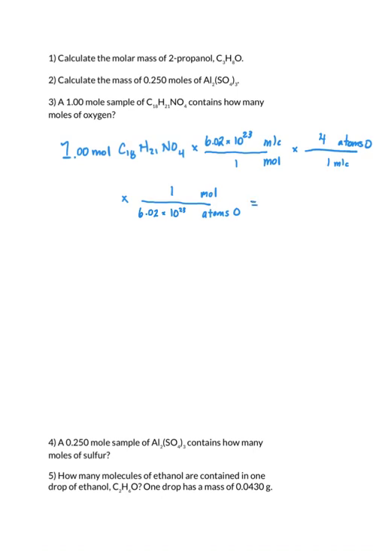And what we'll notice here is that because we converted from moles to molecules in step 1 using Avogadro's number, and then from atoms back to moles, again using Avogadro's number in step 3, that Avogadro's number just cancels out.